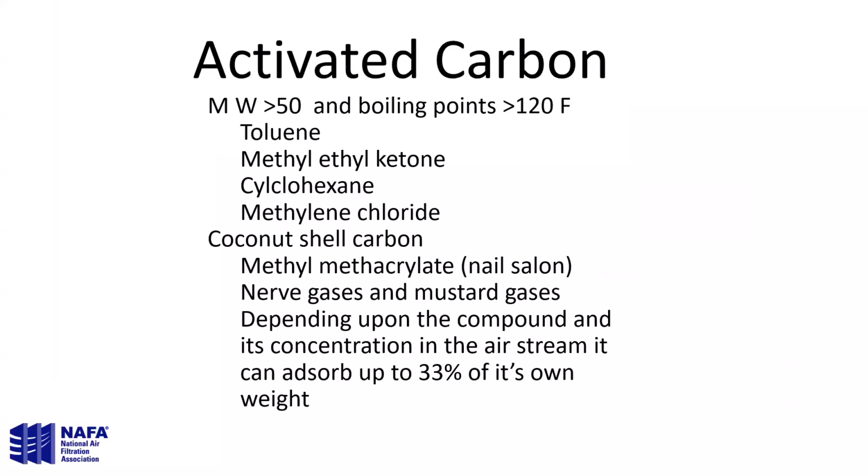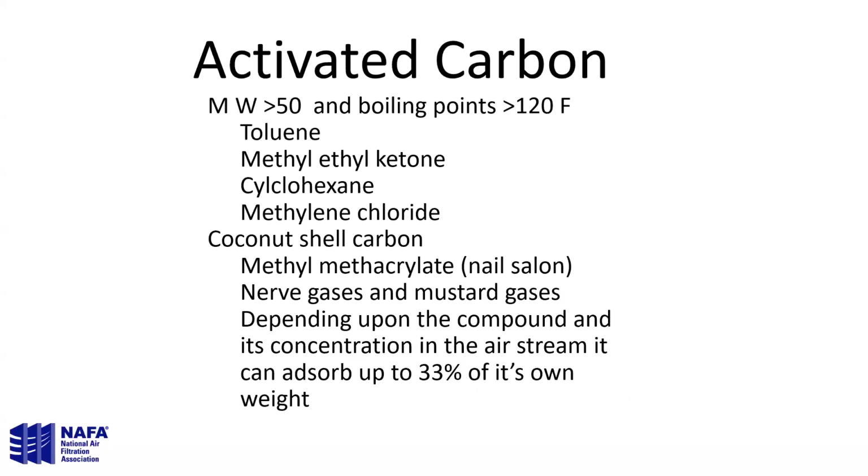There are a few different types of carbon. Coconut shell being the most common, literally comes from coconuts. These coconut shells are burnt, buried in the ground for months on end, and then taken through an activation process. In most cases, you can't tell the difference between a coal and a coconut, but there are some compounds where it's important.